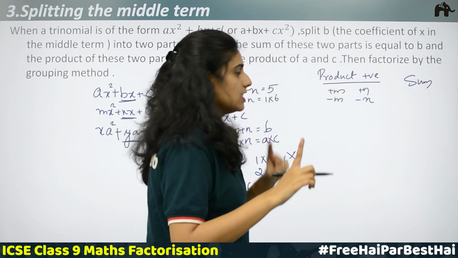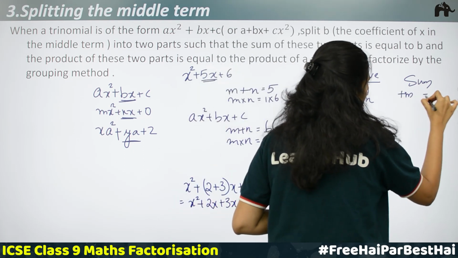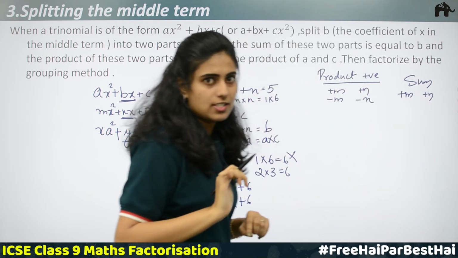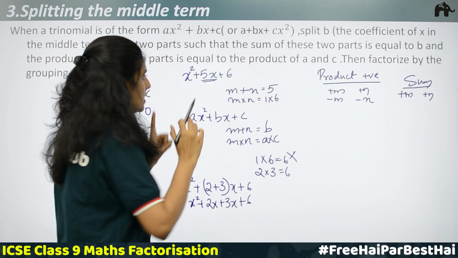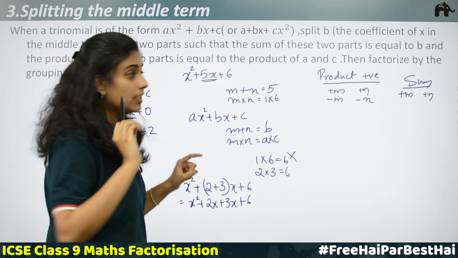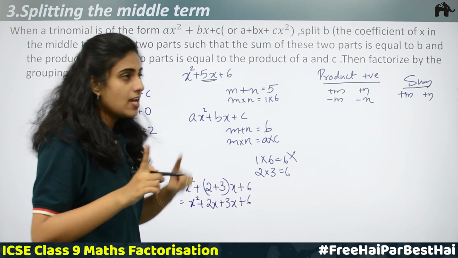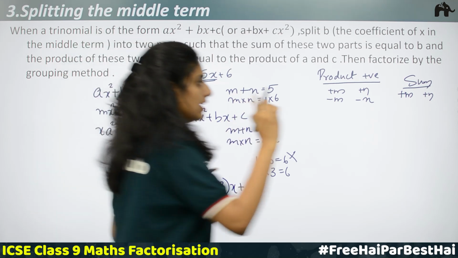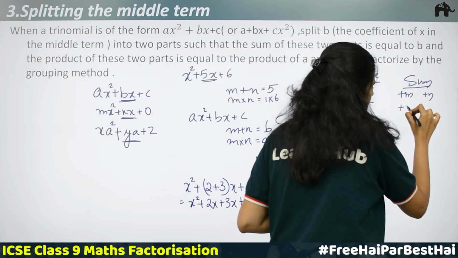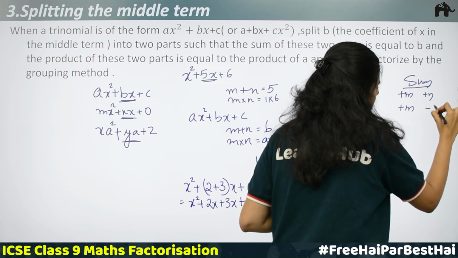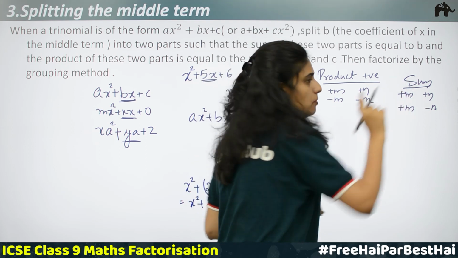Sum will be positive in two cases. First case is m and n both are positive. There is another case. For example, here if it is 3x and minus 2x, then you can see one number is negative and the other is positive. That is, one should be positive and the other is negative. Plus m and minus n. This case is possible to get sum positive.